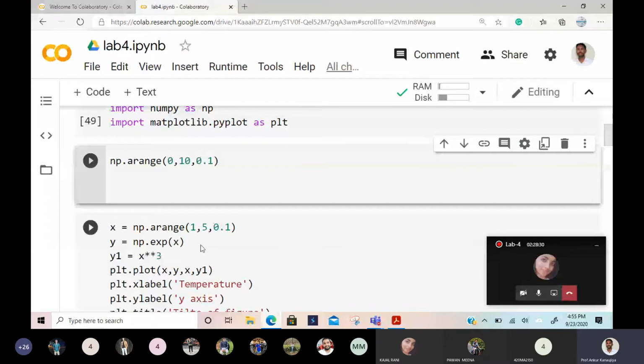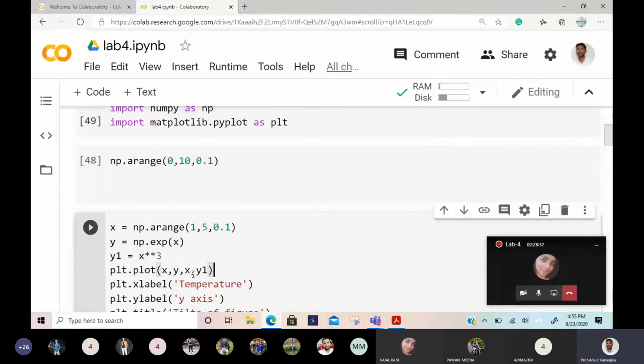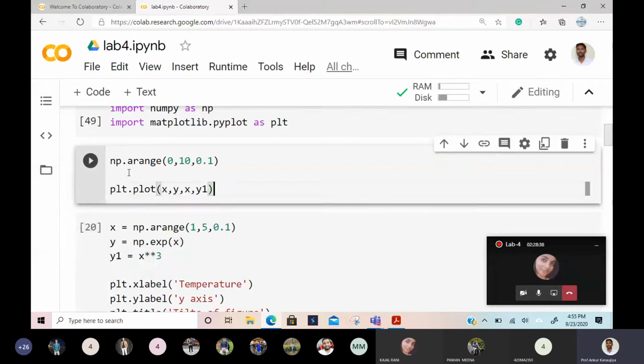So first y1. y1 equal to np.exp of minus x by 5.